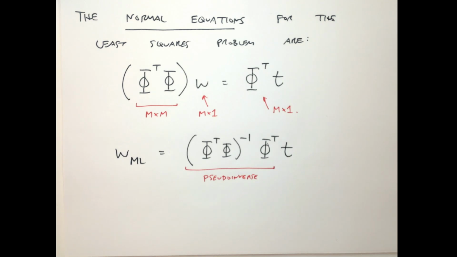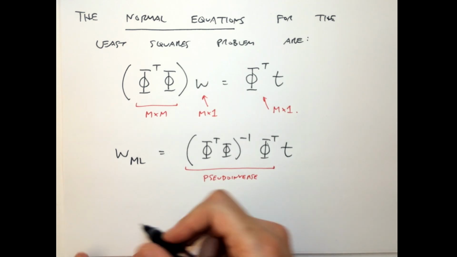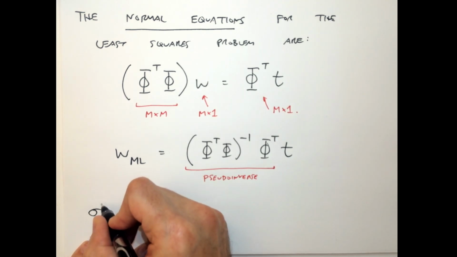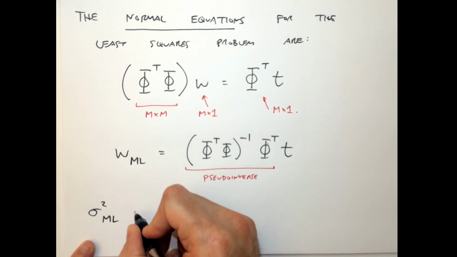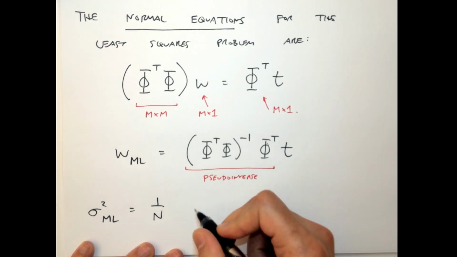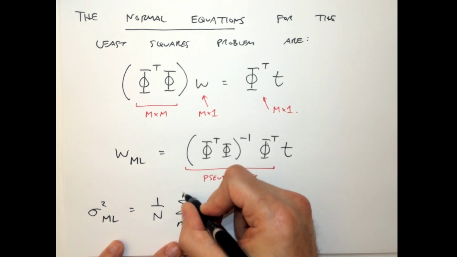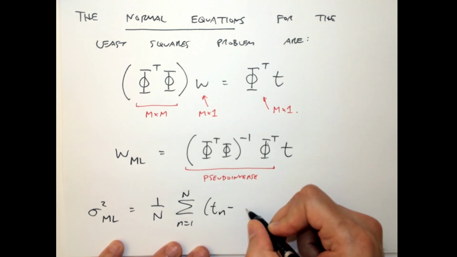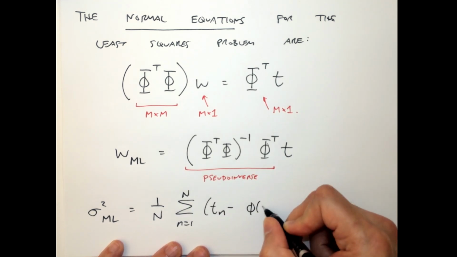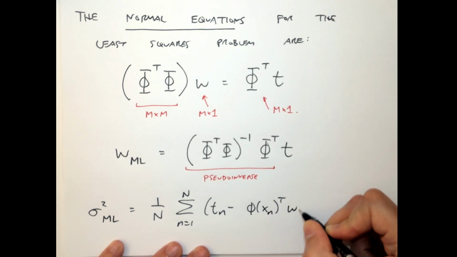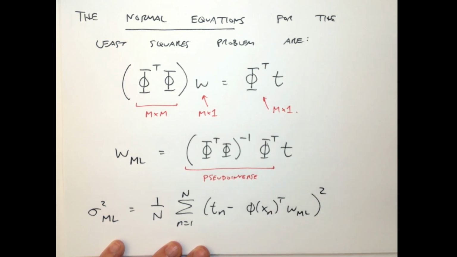And so once I've got the weights, in a similar way, if I wanted to also figure out, in hindsight, what was the maximum likelihood estimate of the noise variance, like how much noise do I have in my observations, well, the maximum likelihood estimate of the sigma is just saying, okay, now I've got my model, and I sum up the sum of squares difference of what I get by applying the maximum likelihood estimate.